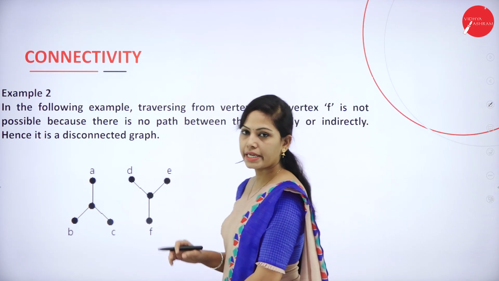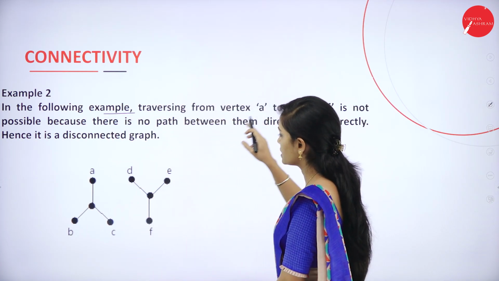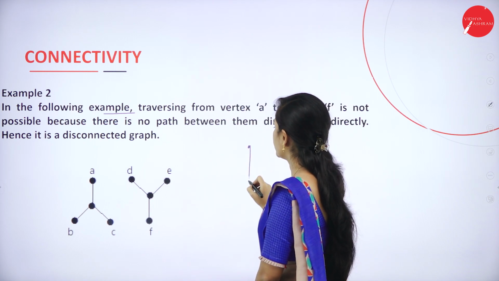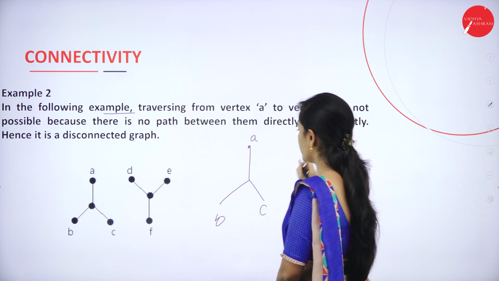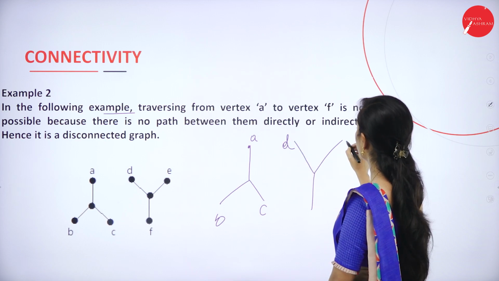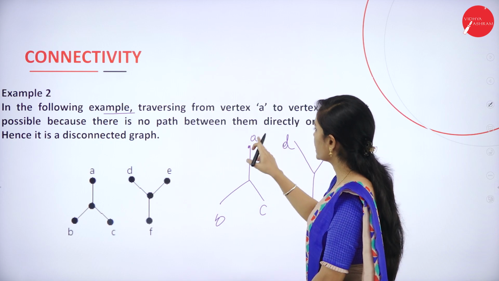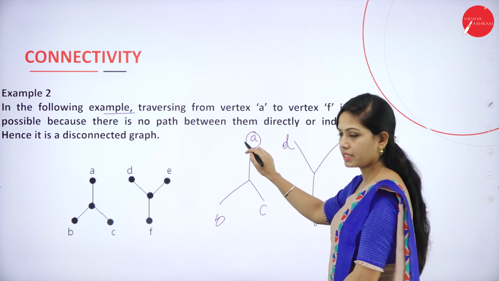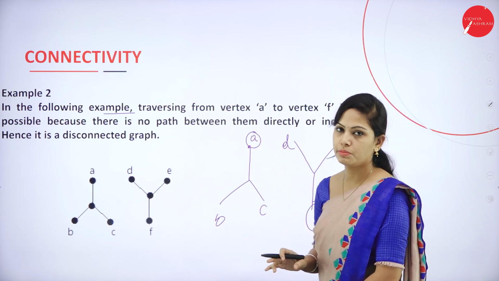Now, second example. In this example, I have vertices A, B, C, D, E, F. Traversing from vertex A to vertex F is not possible.